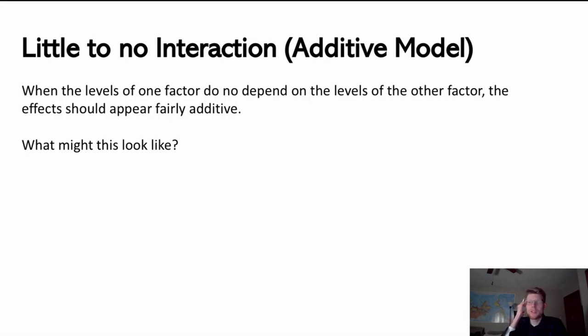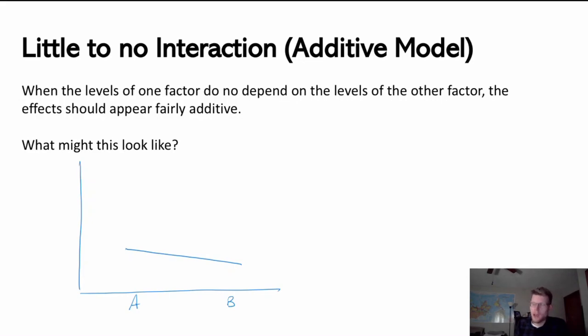So if that is an example of two factor variables that interact, I thought we could also draw what it would look like if there was a truly additive model, meaning that there is no interaction. In that case, we might see a situation like this where we have A, we have B, and maybe a decreasing movement from A to B. But then for factor B level 2, maybe it's up here.